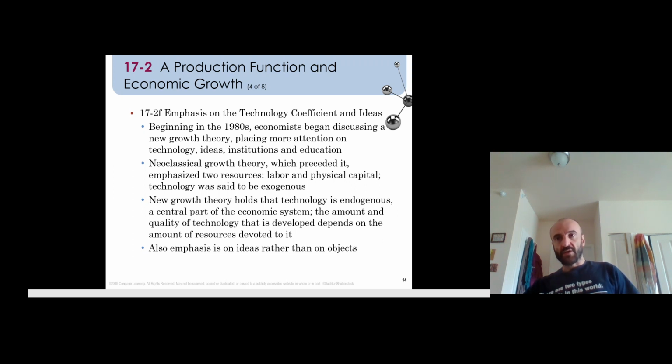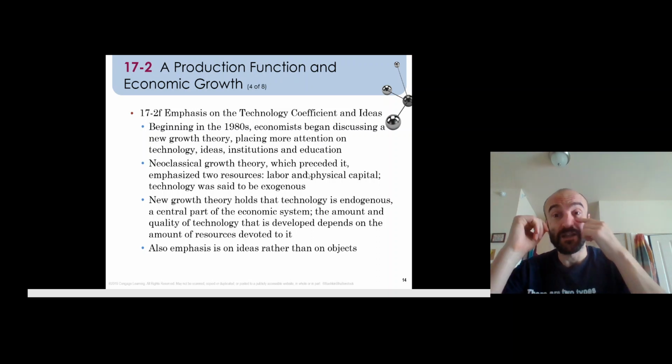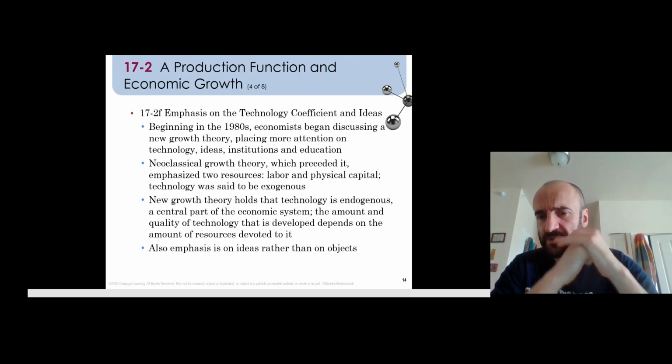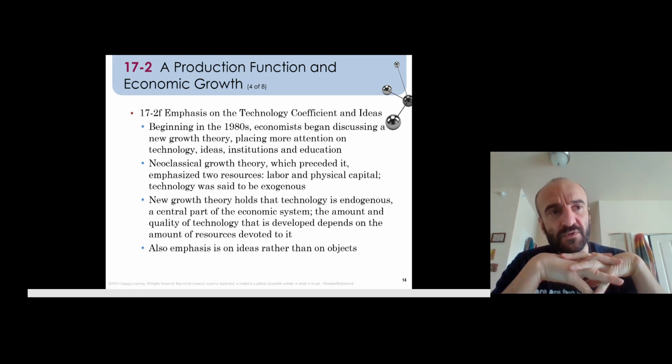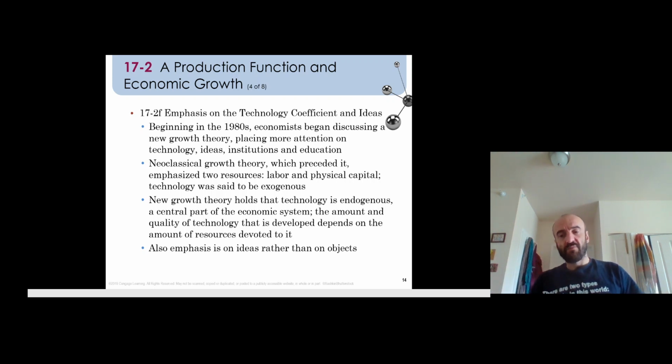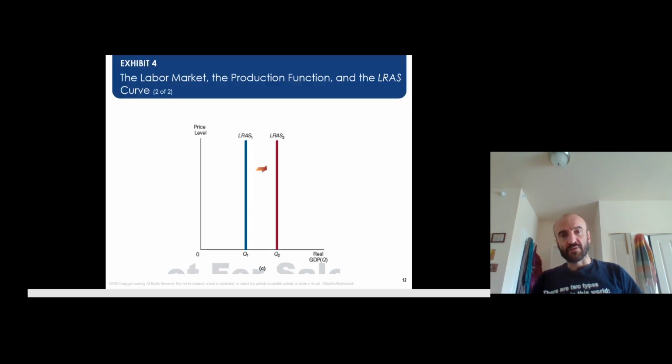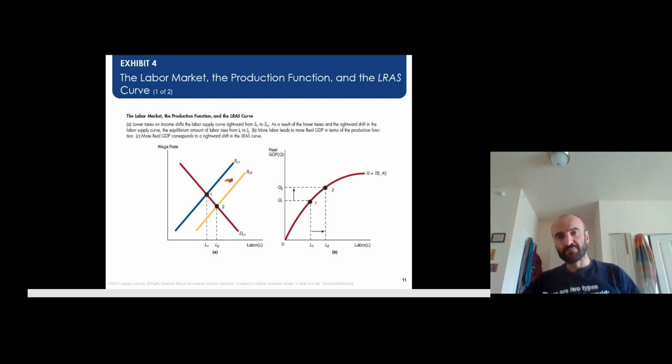The first generation was this neoclassical growth theory that emphasizes the entire production function stuff and capital and labor. It began originally with just capital and labor. And the main idea was how to combine capital and labor for long-term economic growth.